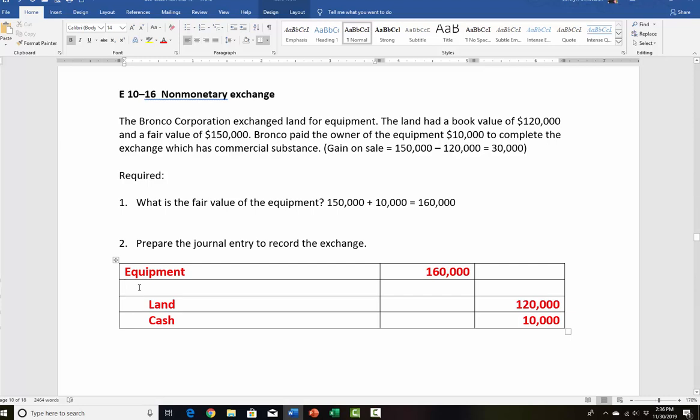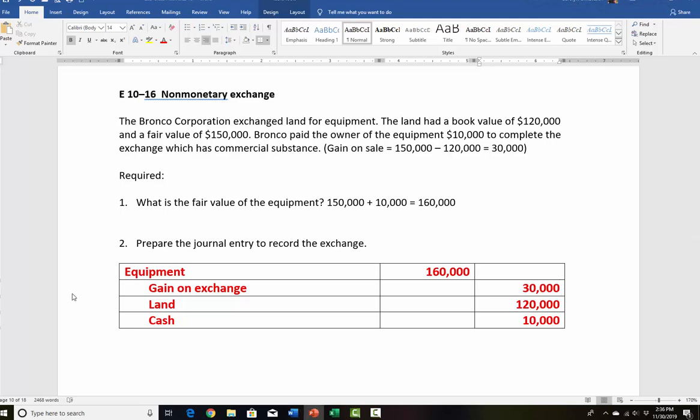And then finally, we're going to credit gain. You could say gain on exchange or gain on sale or just gain. And our gain, we said, is $30,000. Okay? All right, so again, add up your credits. They total $160,000, and they're equal to our debits.